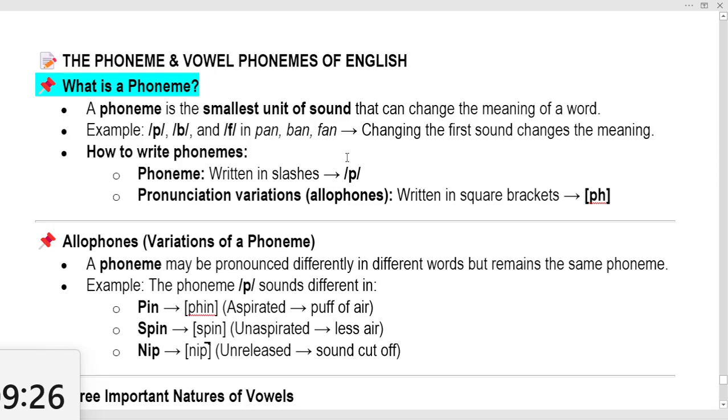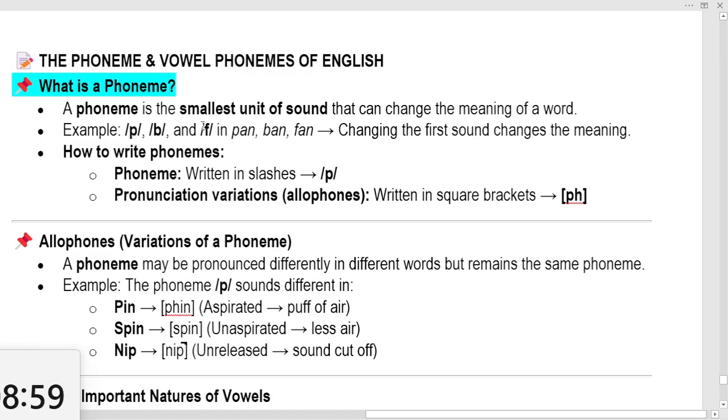There we talked about different parts of our mouth and how we pronounce the consonants, the vowels, and how we amplify our sounds, the voiced and the voiceless letters. Make sure to check that out before you dive into this phoneme. So without further ado, let's talk about what a phoneme is.